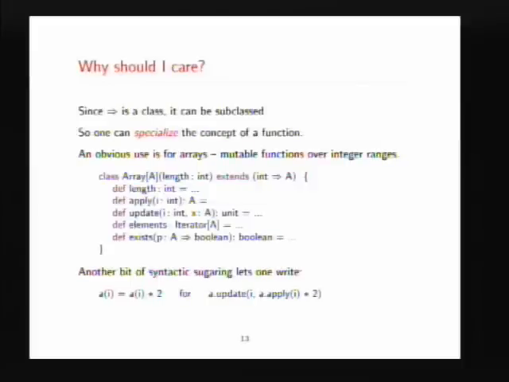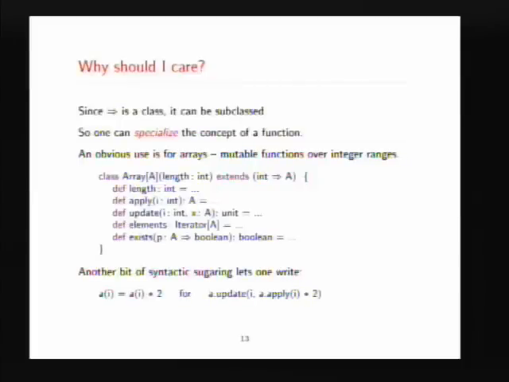One of the specializations would be, for instance, the array class, the standard Java array class, which in Java is actually not a class. We make it into a class by reinterpreting some things. So an array would just be a particular function. Arrays are functions from integer ranges to whatever the element type of the array is. And they do have an apply method.